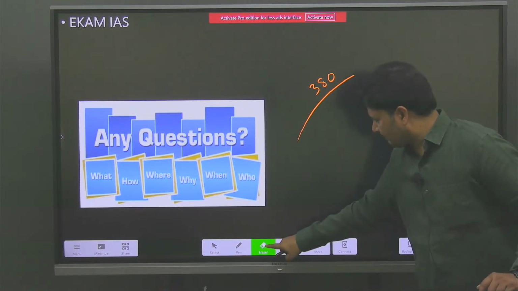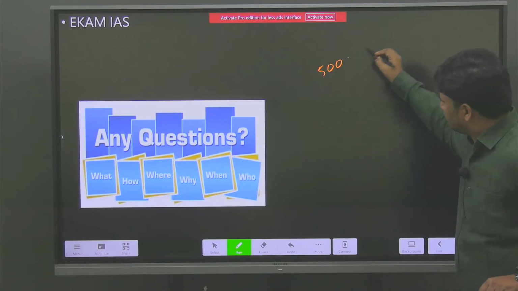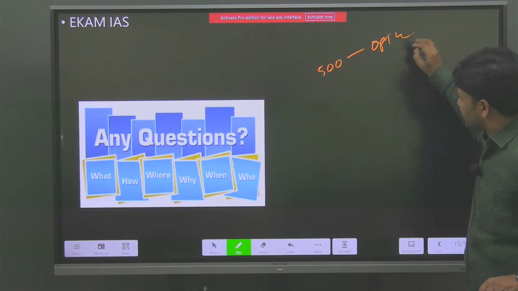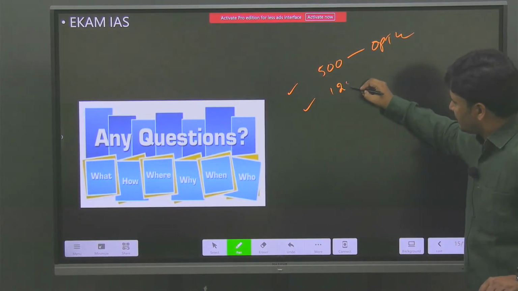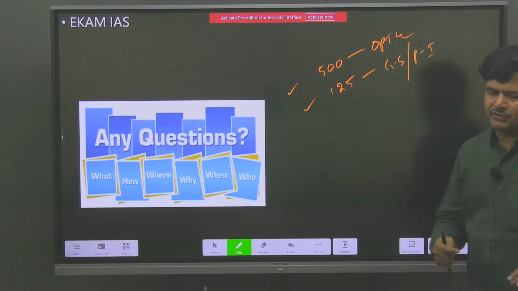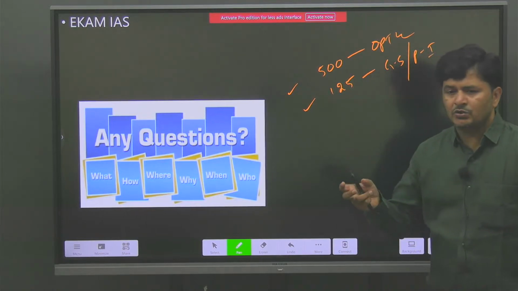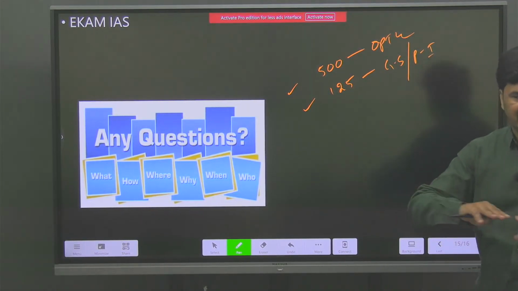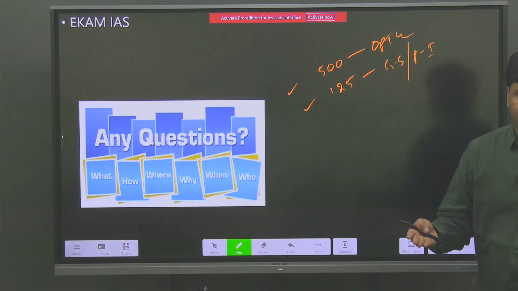Now with this background, finally say 500 marks if you select optional as history. Now we have 125 marks in GS paper 1. So when I say GS paper 1 or GS1, we have 250 marks to be divided for geography and history. 125 marks.